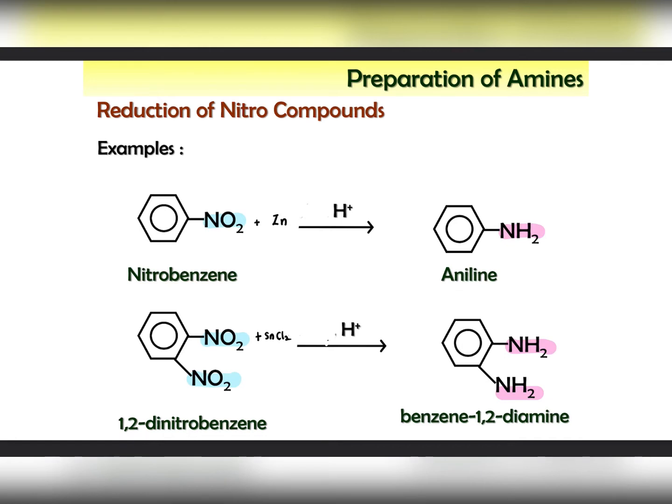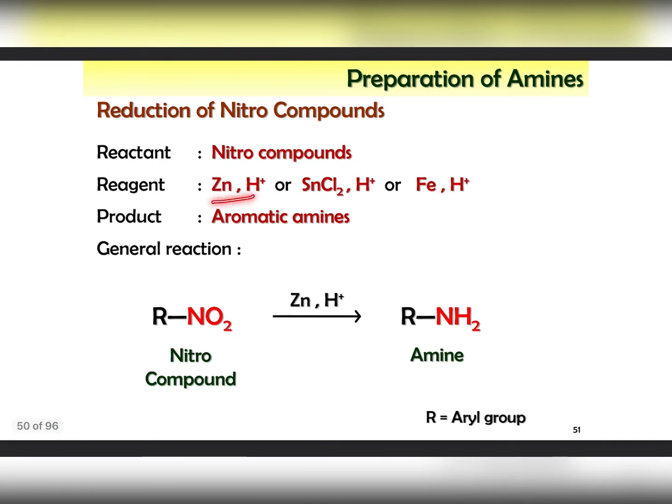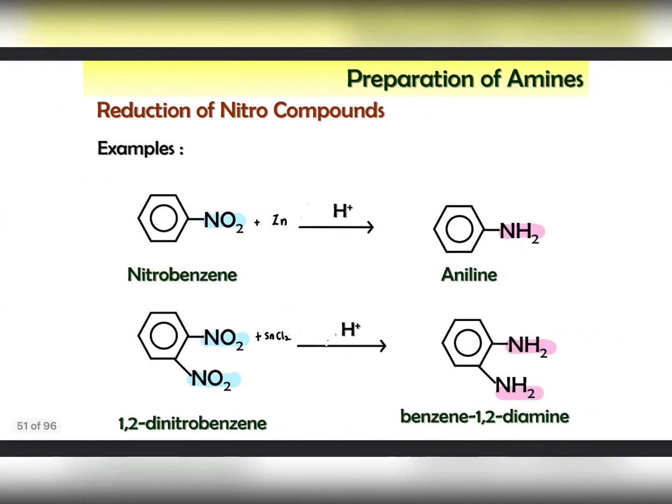So if you have two substituents dekat sini, NO2, 1,2-dinitrobenzene, you react with the reducing agent, either one, and you akan form benzene-1,2-diamine. Okay, so ini NH2, dia akan ganti dekat position NO2 just now.